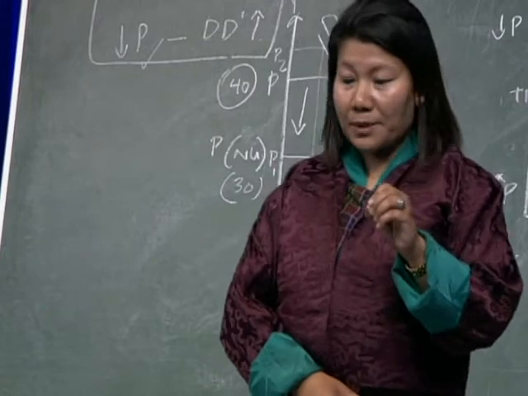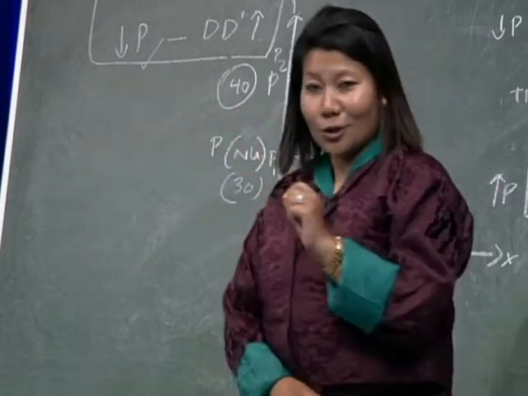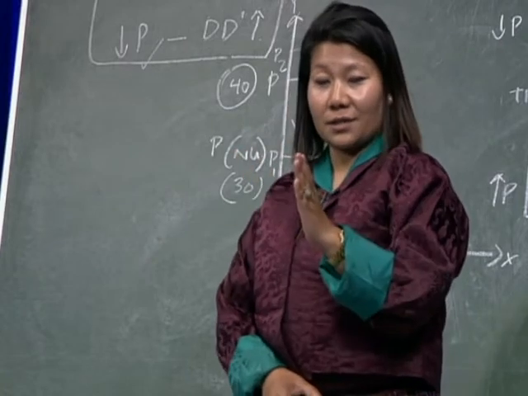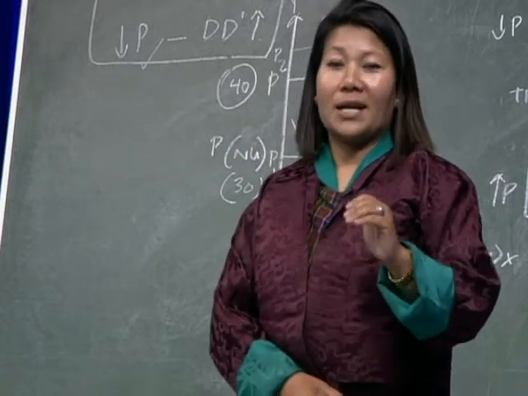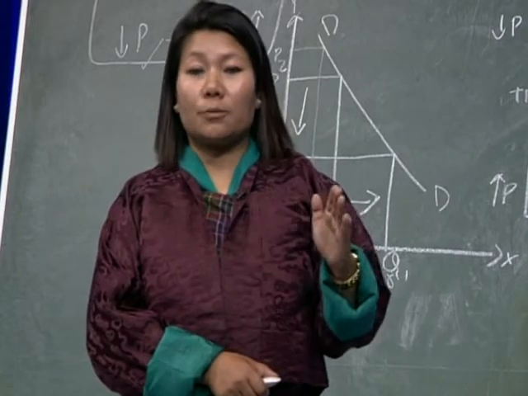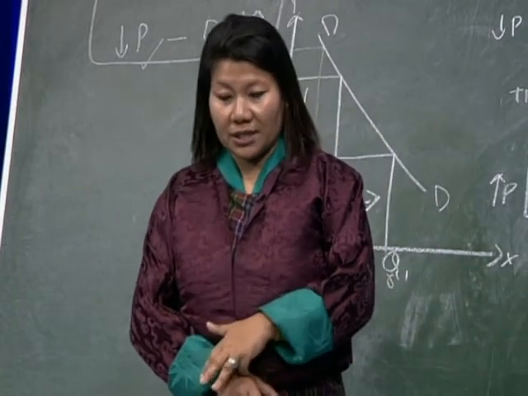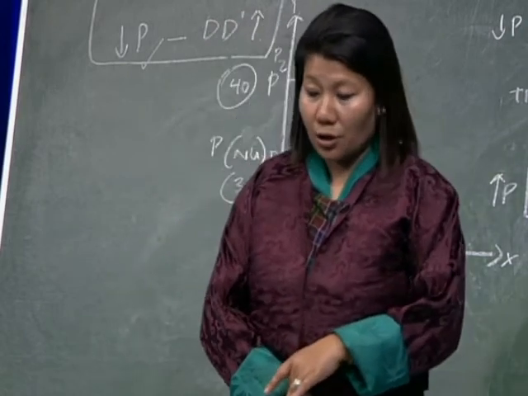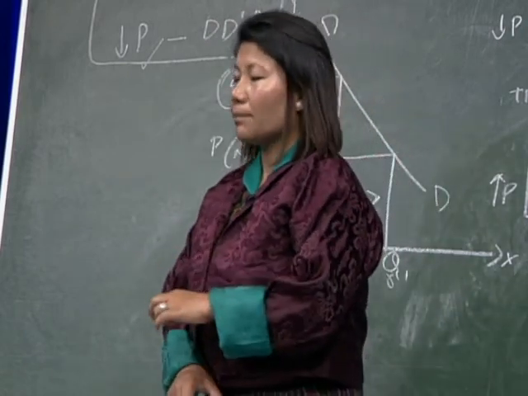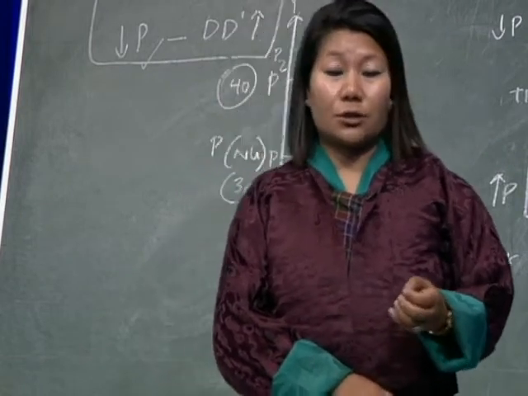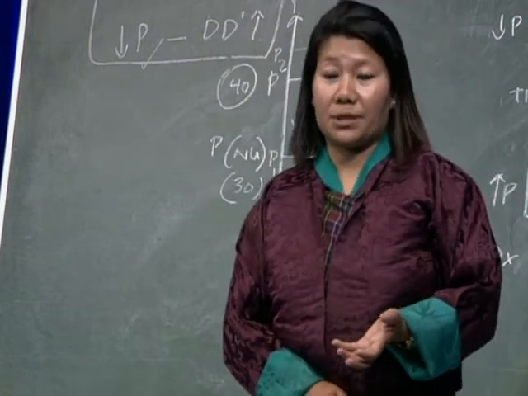Now, why other than price? Because price is not moving, but the curves are moving right and left. So here, you have to ignore price, but focus on other factors other than price: future price expectation, size and composition of the population, and also tastes and preferences of the consumers. These are some of the examples, all right?